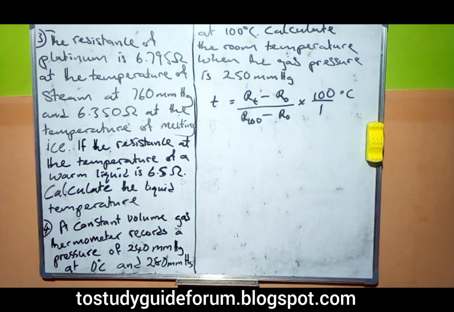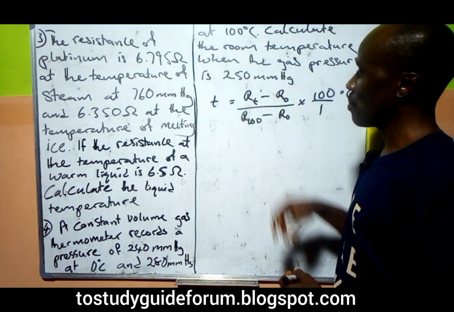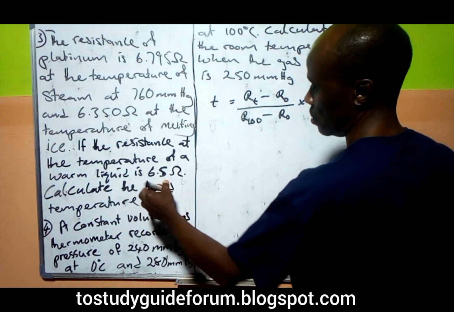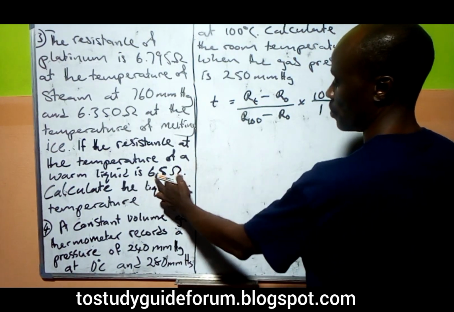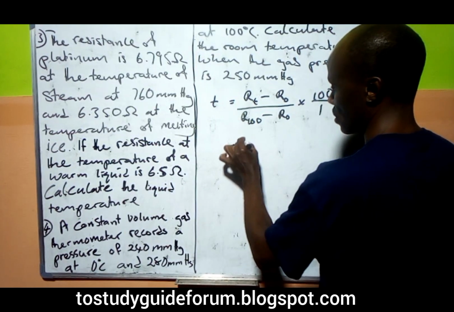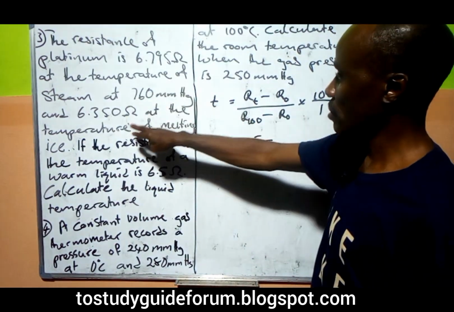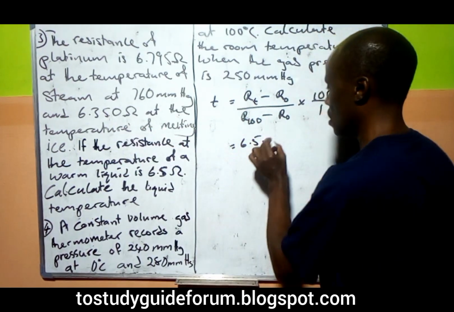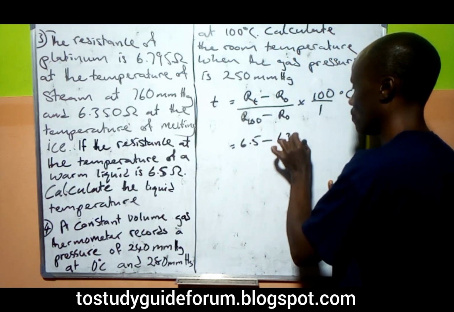So the resistance or the temperature we're looking for is what? We have it to be 6.5. That of 0, melting ice, is what? 6.35.